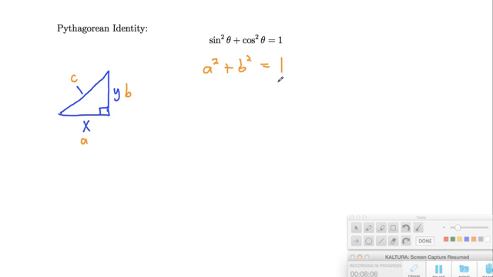Well, if you translate this into our notation above, the x is the same thing as cosine, and the y is the same thing as sine. So really what you have here is sine squared plus cosine squared equals 1. So that first identity listed right here is a direct result of the Pythagorean theorem. And our c is 1 here, so 1 squared is just 1.